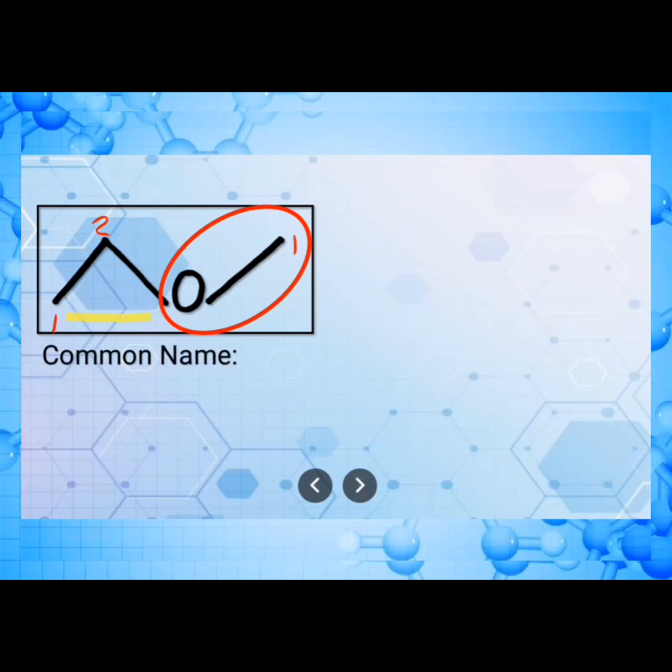So again, there are 2 ways of naming ethers: the common name and the IUPAC name. If there are two carbons present, we can call it ethyl.